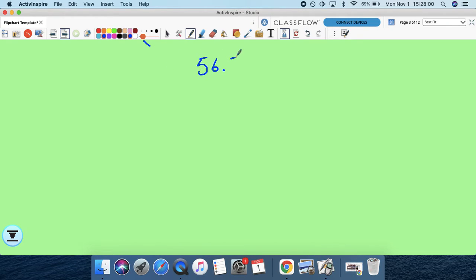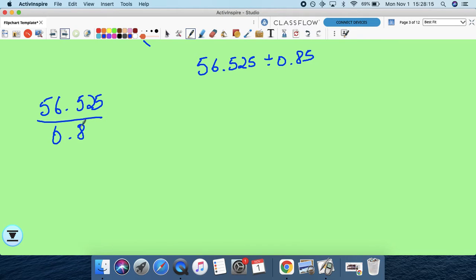565.25 divided by 0.85. Well, so let's write it as a fraction. 565.25 divided by 0.85.